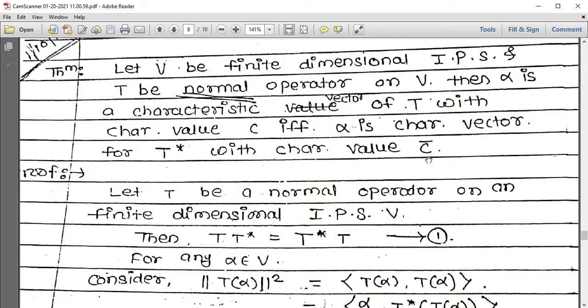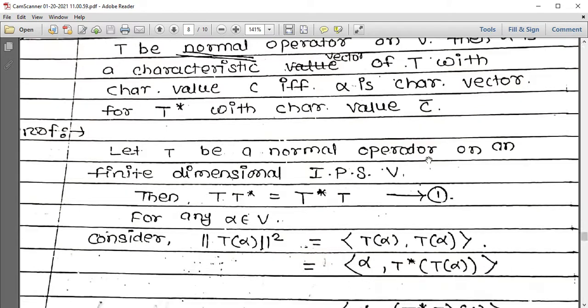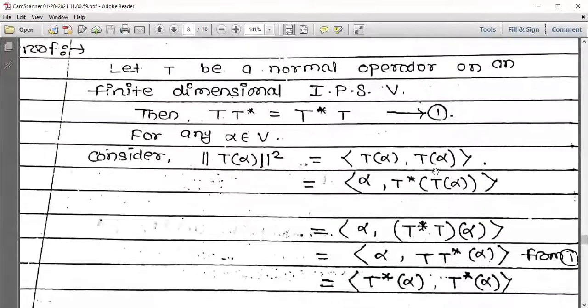Look at the proof. Let T be a normal operator on a finite dimensional inner product space V. Then by the definition of normal operator, T T star is equal to T star T. Call this equation number 1.